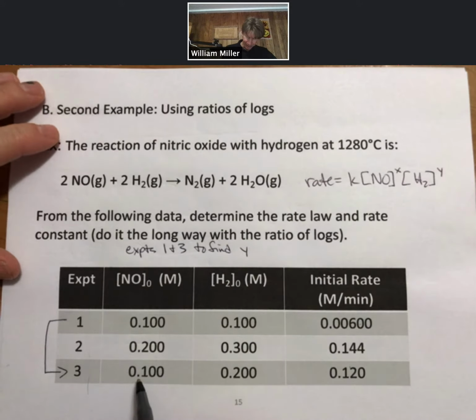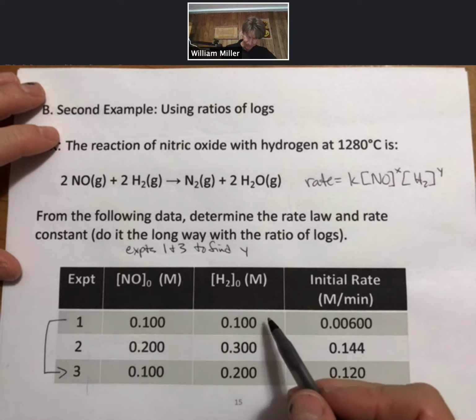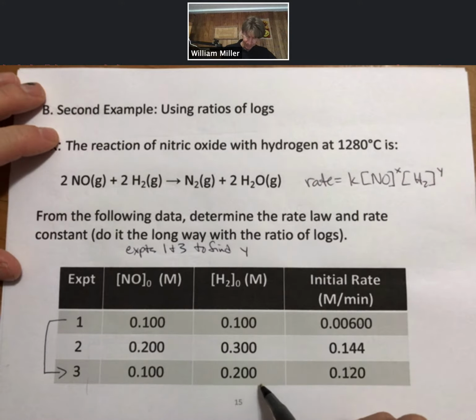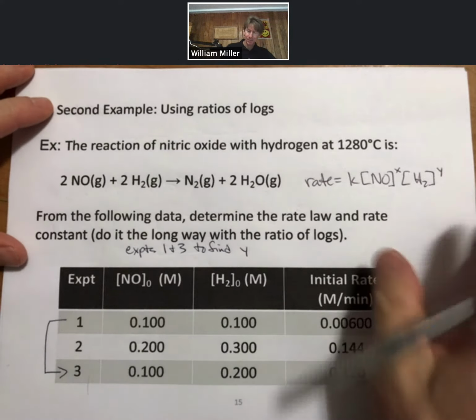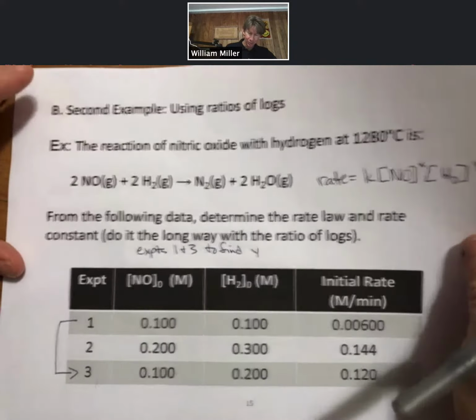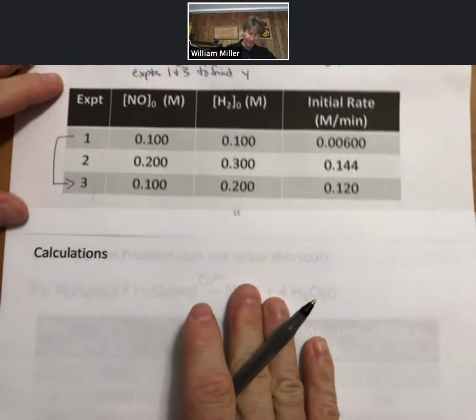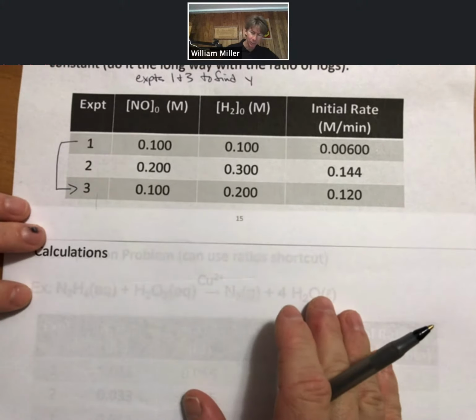Well, this should be interesting. There are no experiments where the hydrogen concentration stays the same. So we'll deal with that too. All right, so we have a whole other page to work on this. Good. And let's determine y first.